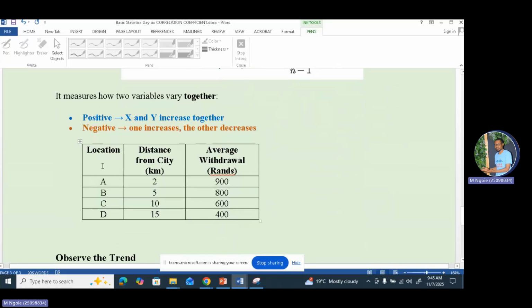Let's do an exercise here. There is a location, distance from CT1, and the average withdrawal. So we are trying to find the relationship between someone's distance and his way of withdrawing money. We are trying to find the relationship between distance and withdrawal amount, right?